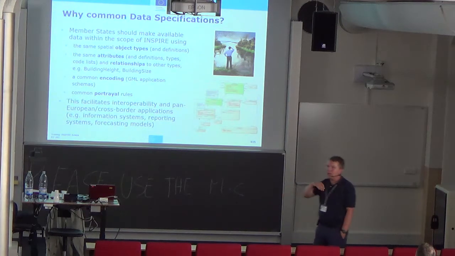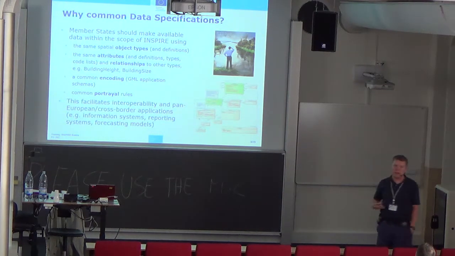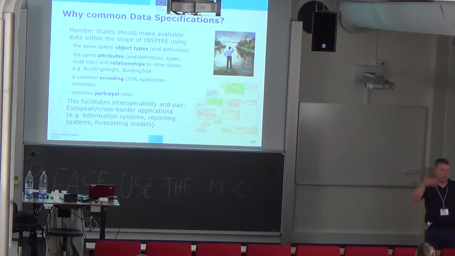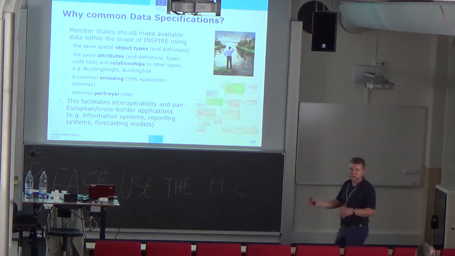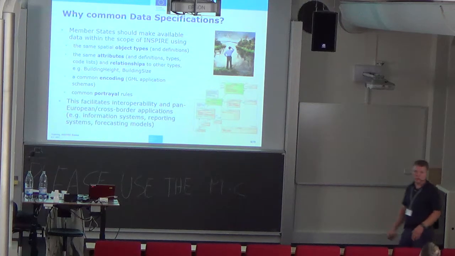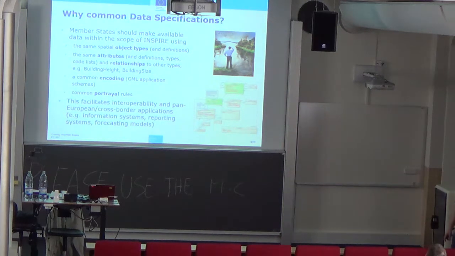So again, if we don't have a common specification on how to express this building height or building size, we will probably have different data between different member states. And in that case, we cannot really use those data for our particular use case or for our particular project.